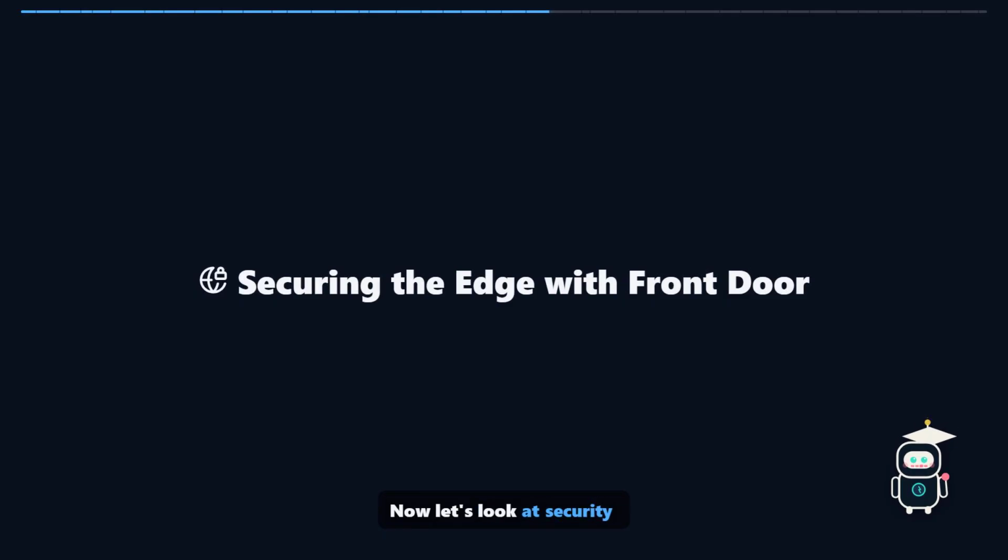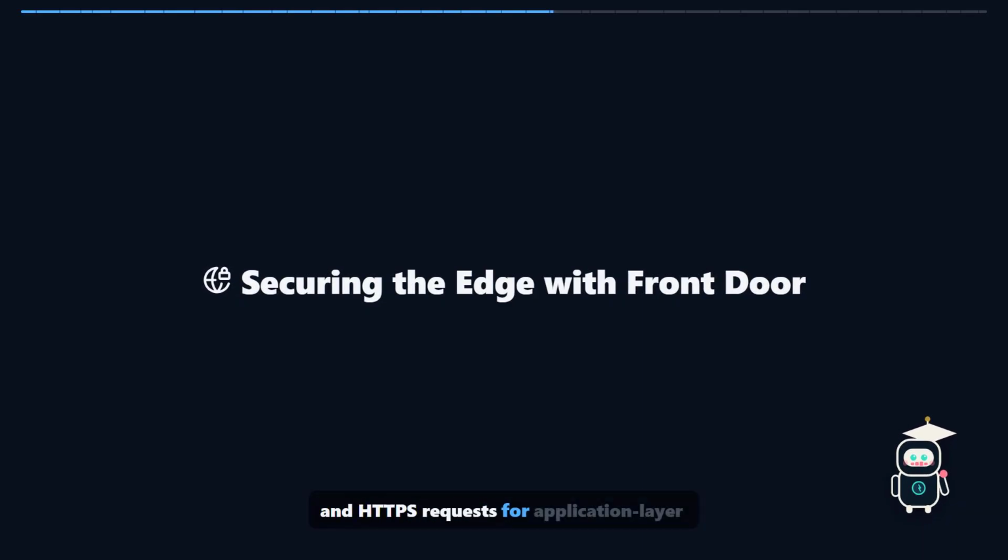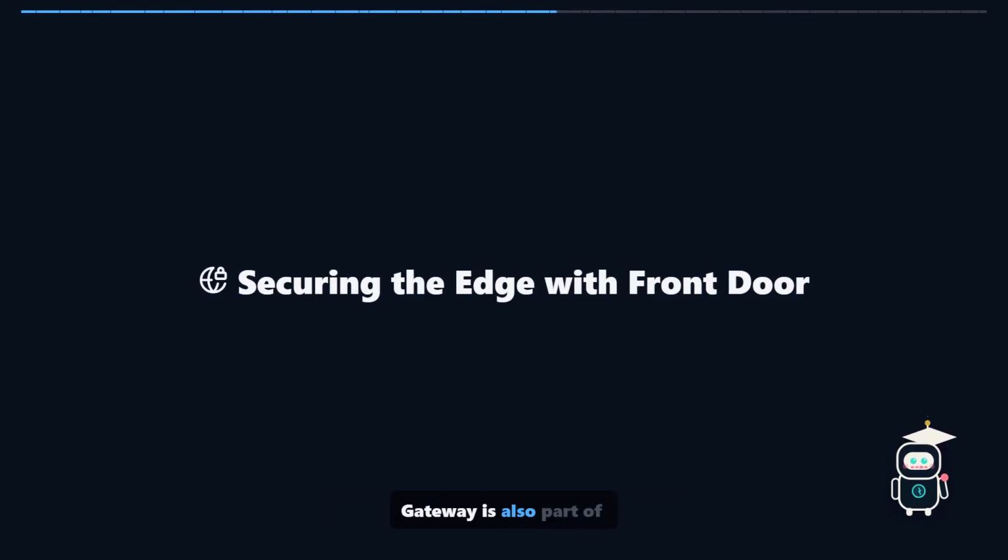Now let's look at security across the application path. At the global edge, Azure Front Door WAF can inspect HTTP and HTTPS requests for application layer threats such as SQL injection and cross-site scripting. If Application Gateway is also part of the architecture, it can provide regional WAF inspection when your requirements justify that additional security layer.